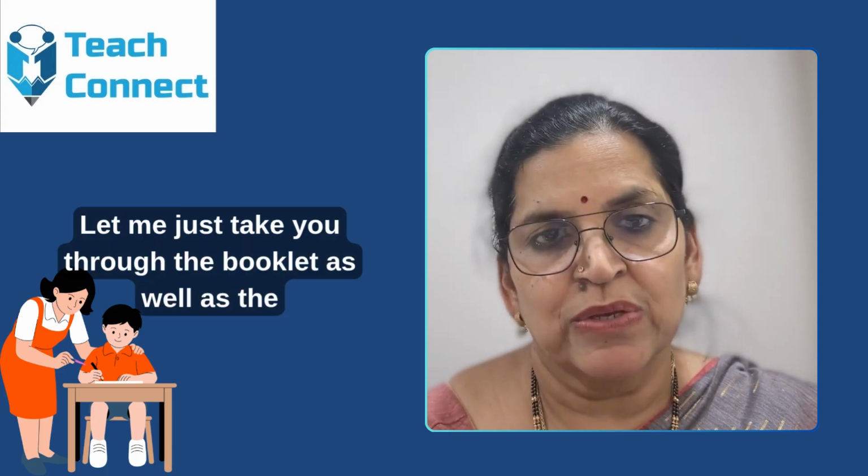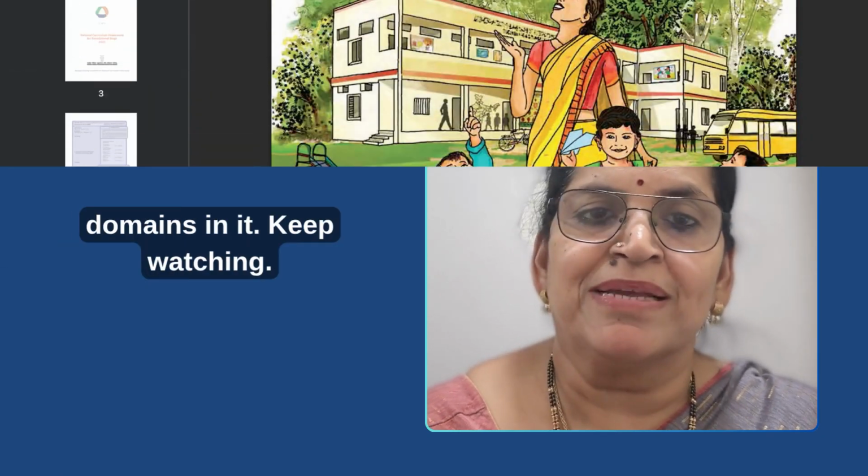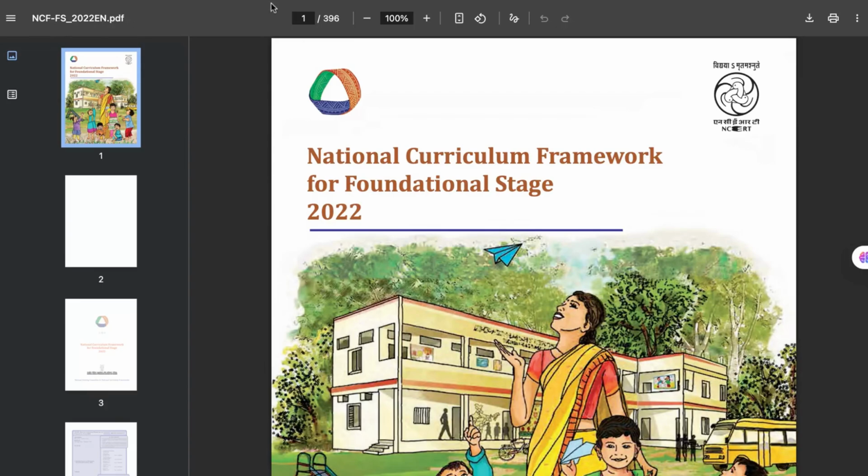Let me just take you through the booklet as well as the domains in it. In order to write the holistic progress card, it is important for the teachers who are filling it up, specifically for the foundational stage, to know and understand that the National Curriculum Framework for Foundational Stage booklet consists of the domains that the teacher is going to fill up in the holistic progress card.